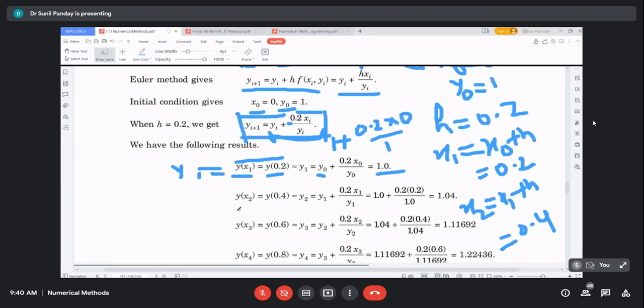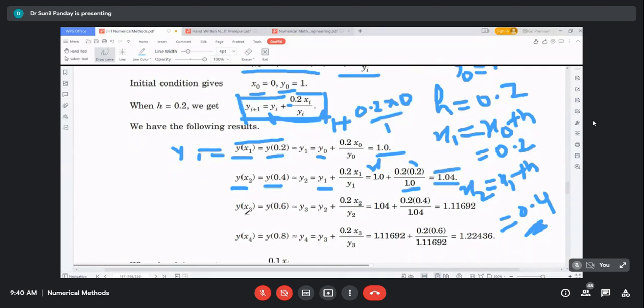Now to calculate y at x2, x2 is 0.4, so we use the right side formula with i equal to 1: y1 plus 0.2 x1 upon y1. y1 is 1, which we obtained from the previous step, and x1 is 0.2. After simplification this is 1.04 as the value of y at x2.